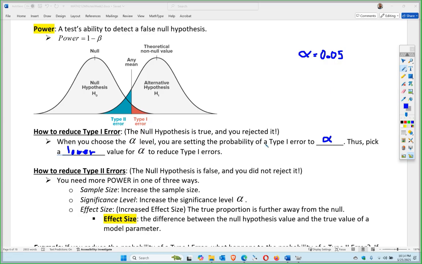All right, so type 2 error is when the null hypothesis is false and you did not reject it, right? Which is a problem. So you need more power, which is 1 minus beta, and there are many ways of increasing power. You increase the sample size, which may or may not be possible, right? You may not be able to get any more.